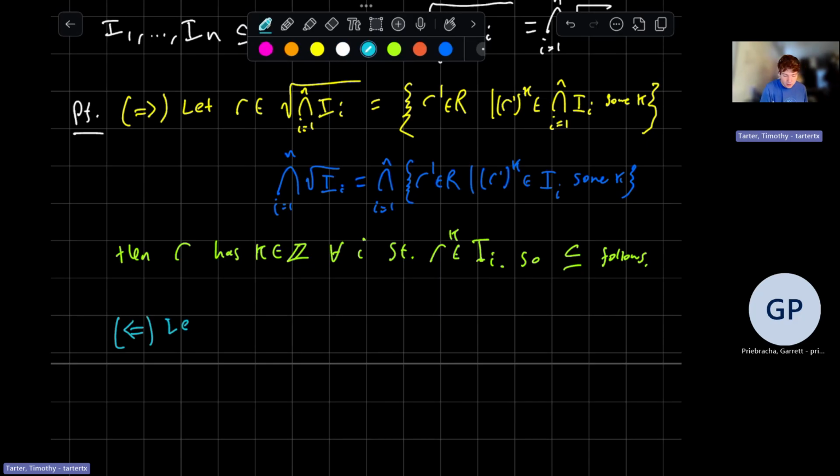Alternatively, let r be in the intersection. The tough part is that we need to show that, hold on.